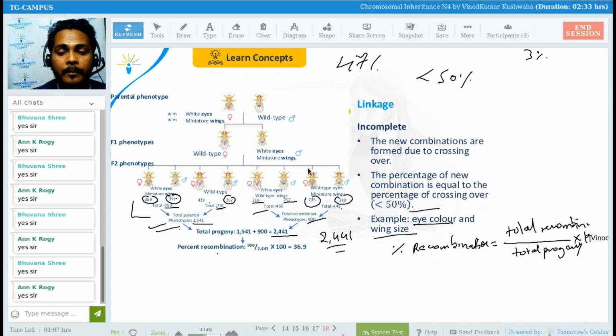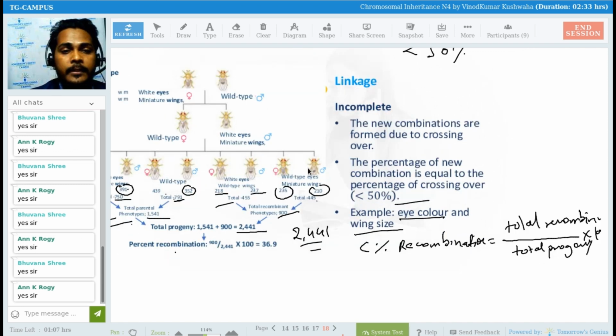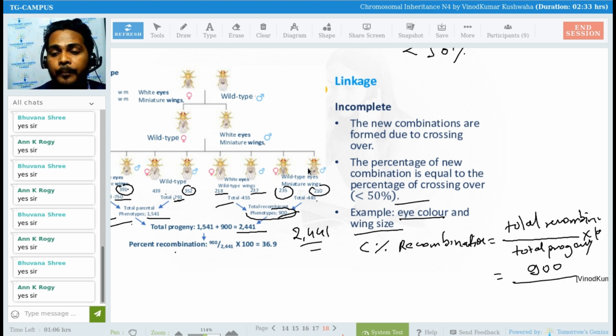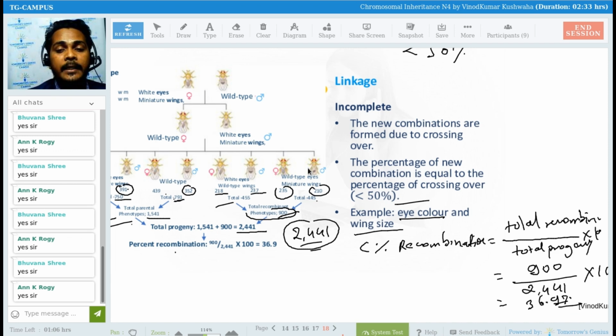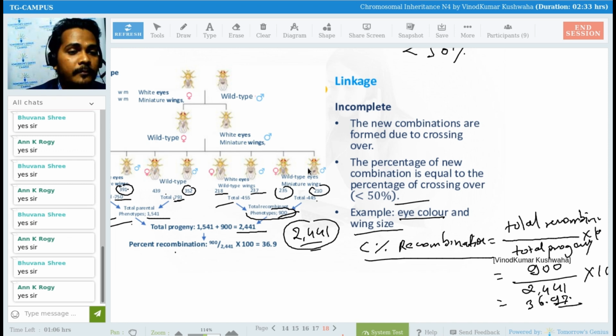Into 100 because we have to calculate the percentage, that's why we multiply by 100. So what is the percentage? You just write the total recombination, which is 900. Total progeny, we added, we got 2441, multiplied by 100. If you just divide and multiply by 100, you will get the percentage, which is 36.9%. So this is how we can calculate the percentage of recombination.